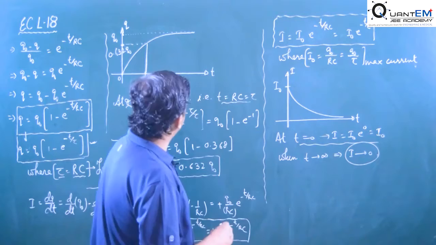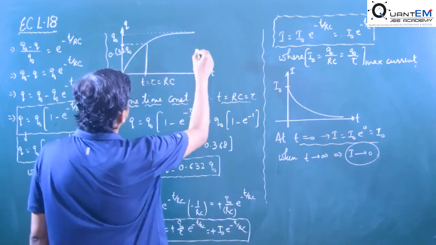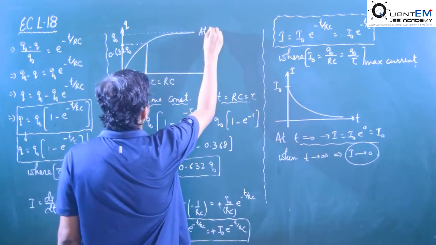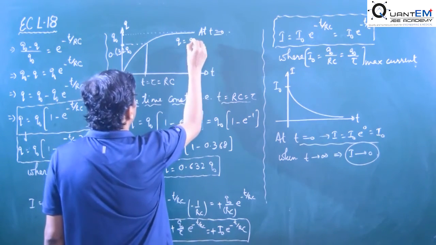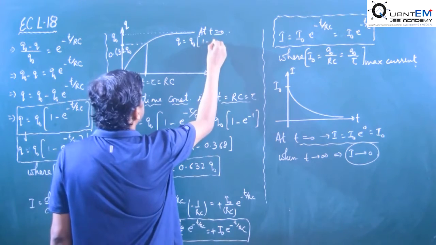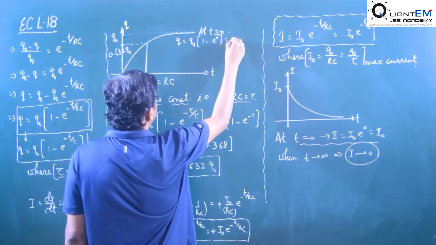And charge will be maximum. At time t equal to 0, we have charge q equal to Q naught (1 minus e to the power 0), that is 0.